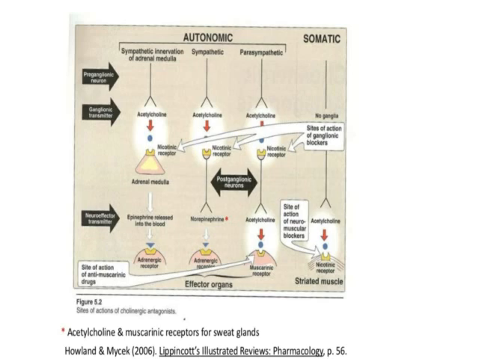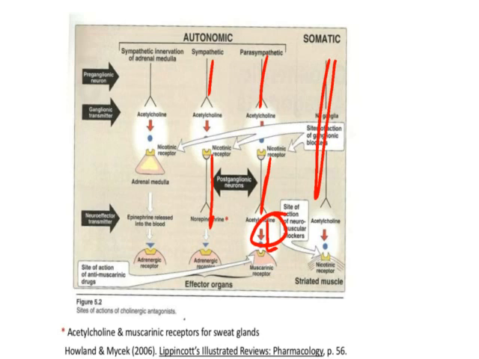From this picture you will get a complete idea of what I have told now. In somatic there is only a single ganglion. In the parasympathetic there are two ganglia. In the first ganglion, in both cases, acetylcholine is released, but in the parasympathetic, in the second ganglion also they release acetylcholine, which binds to the muscarinic receptor on the effector organ.